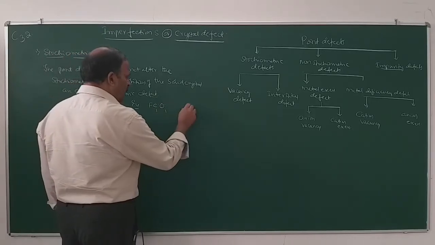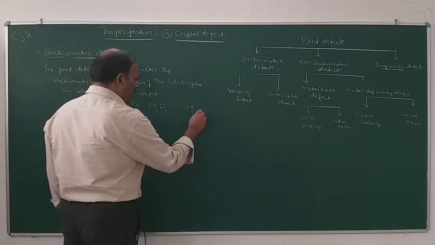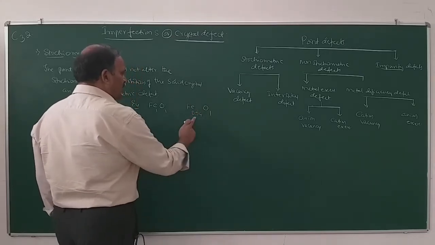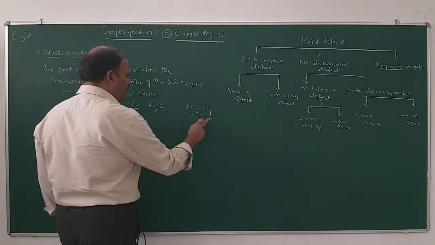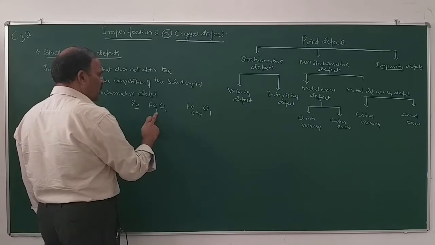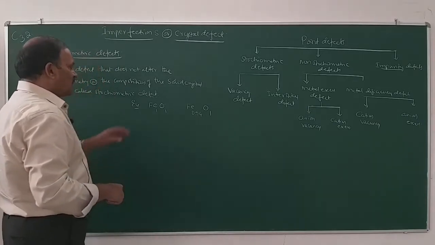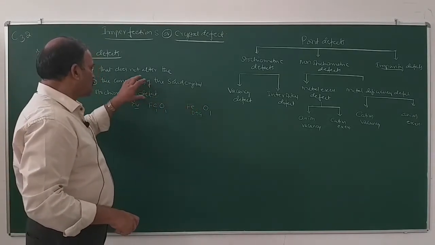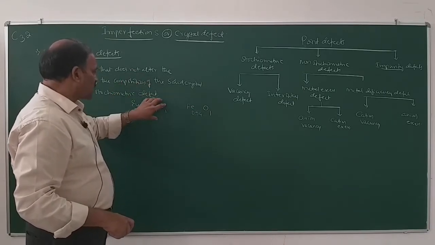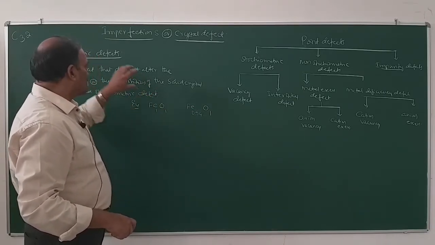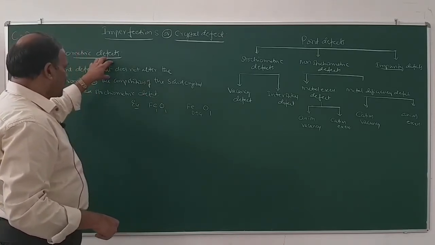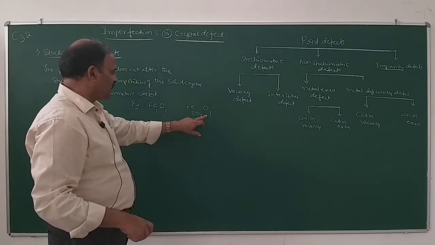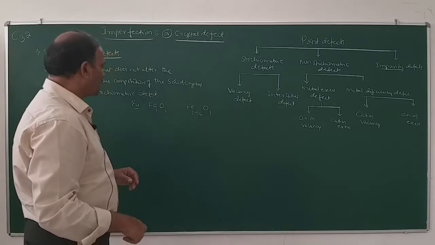If this ratio is altered, say for example Fe 0.94 to O 1, the ratio of the atoms is changed here. The ratio of the atoms is not changed in the first case. So this is a stoichiometric defect and this one is a non-stoichiometric defect. If the stoichiometry is not changed, the defect is known as stoichiometric defect. If the stoichiometry or the composition of the compound is changed, it is called non-stoichiometric defect.